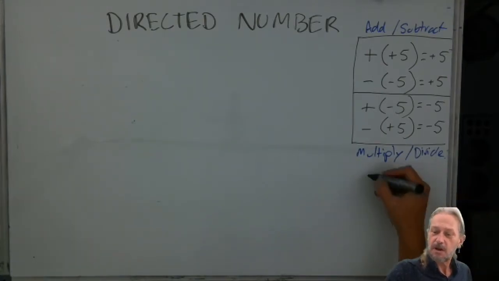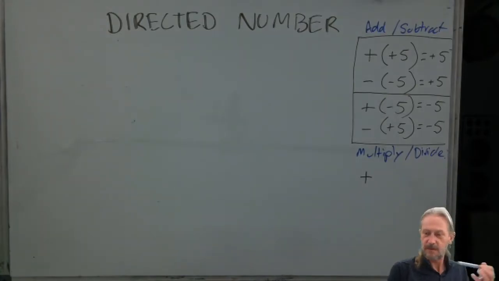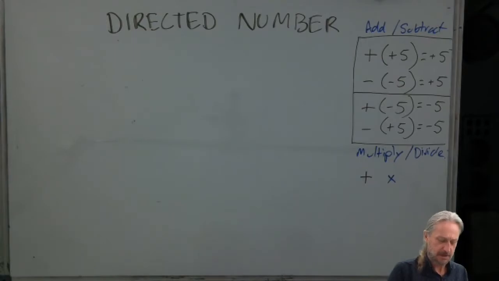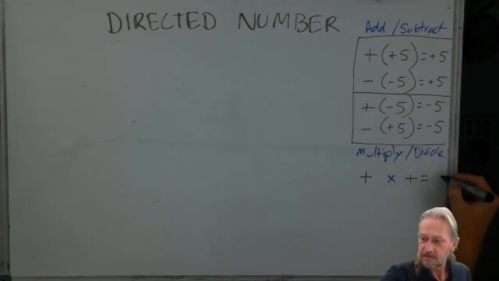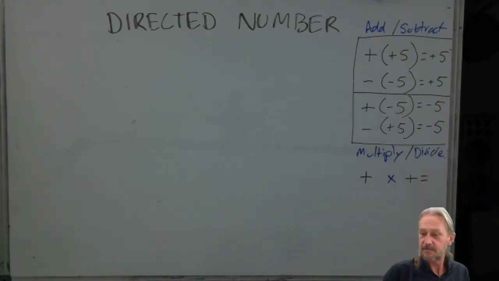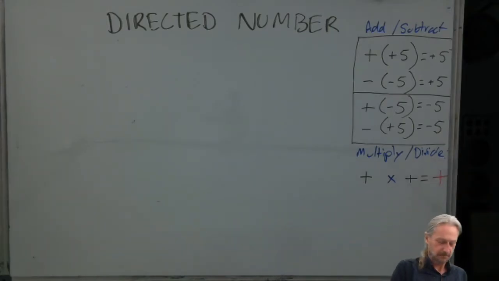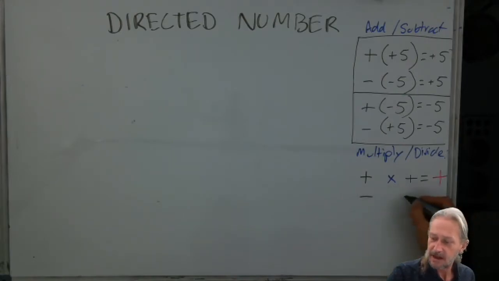So when we multiply a positive, I'm going to write the operation in blue, times a positive, we get, and I'll put this in red, a positive answer. When we multiply a negative and a negative.